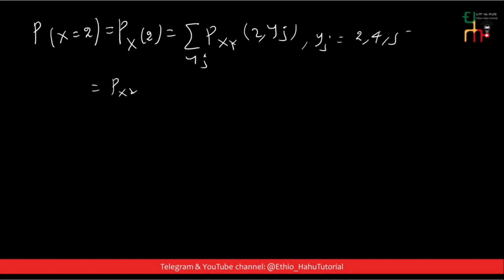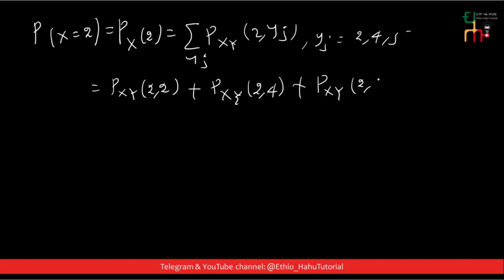The joint probability mass function of 2 comma 2 plus the joint probability mass function of 2 comma 4 plus the joint probability mass function of 2 comma 5 ይሆናል። ስለዚህ the joint probability mass function of 2 comma 2 ማለት is equal to 1 over 6 plus the joint probability mass function of 2 comma 4 ማለት 1 over 12 plus the joint probability mass function of 2 comma 5 ማለት 1 over 8 ማለት ይሄንን ብንደምር ስንት እናገኛለን?